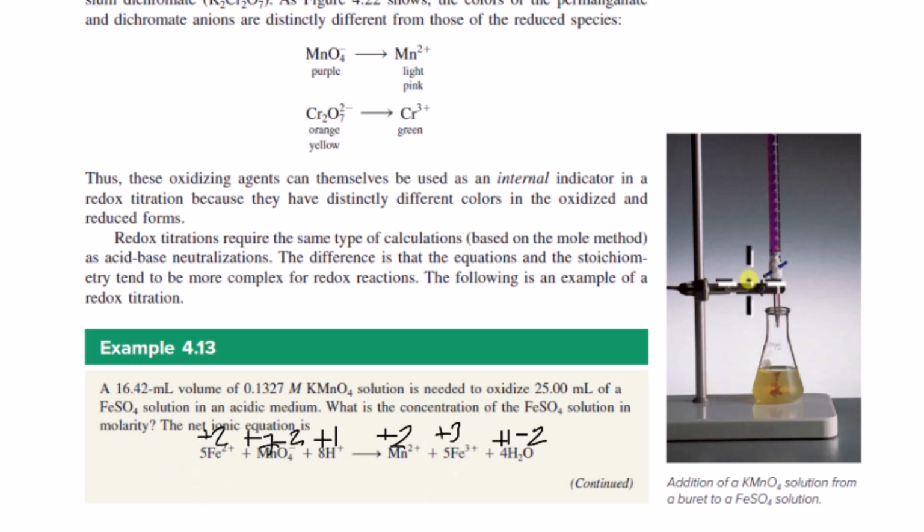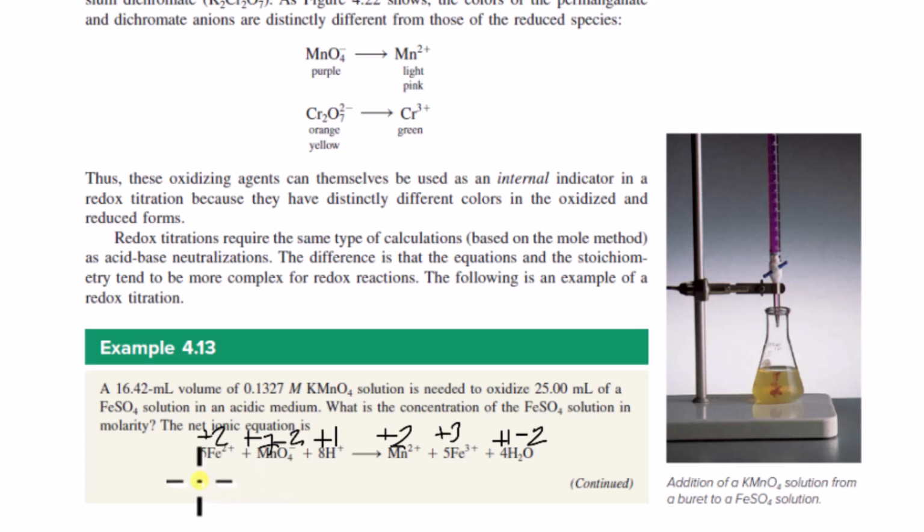Okay, and so since you know the volume of the standard solution added to get to the equivalence point, and you precisely know the concentration of the standard solution, well, then you know how many moles of the oxidizing agent, the permanganate ion, reacted with the Fe2+ ions that were initially present in the solution.